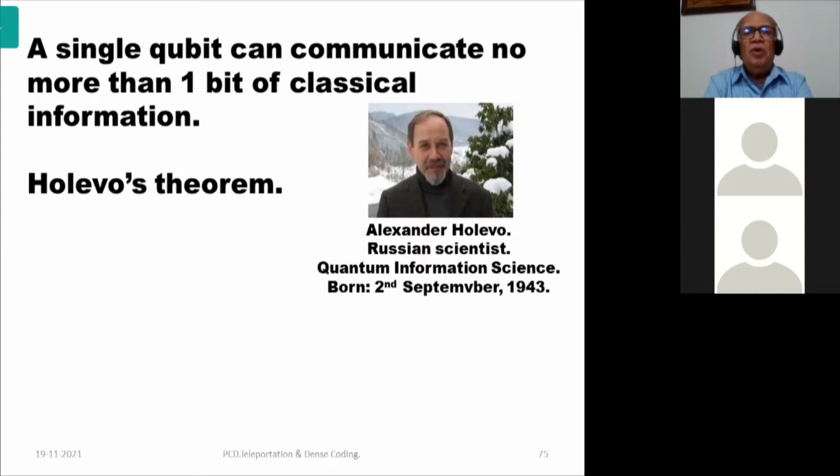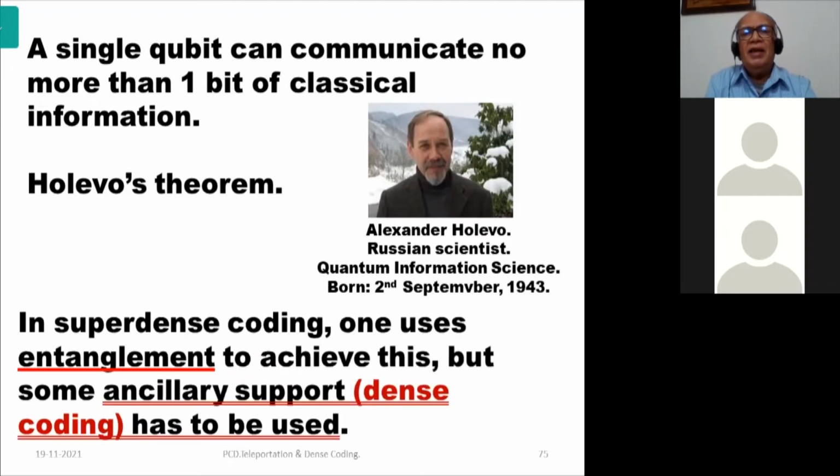So she's going to send information about two classical bits, but Holevo's theorem tells you that a single qubit can communicate no more than one bit of classical information, and she must use only a single qubit. If she is able to do it, then it is beating the normal limit, and this is what is called dense or super dense coding.